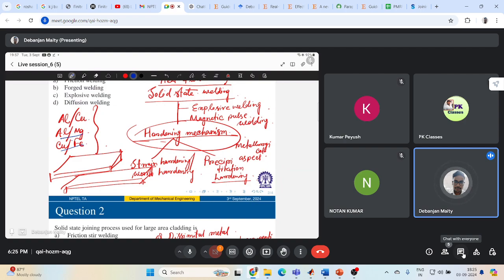A common application can be if you want to clad some kind of, let's say, corrosion resistant metal to a heavier base metal. So the cladding can be aluminum or titanium or copper or ASS, and the substrate will always be rigid in nature. Otherwise, it will not provide a sufficient amount of load, right?